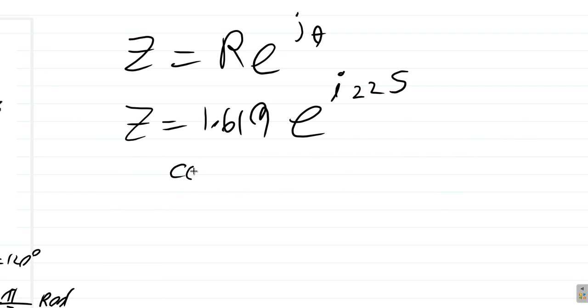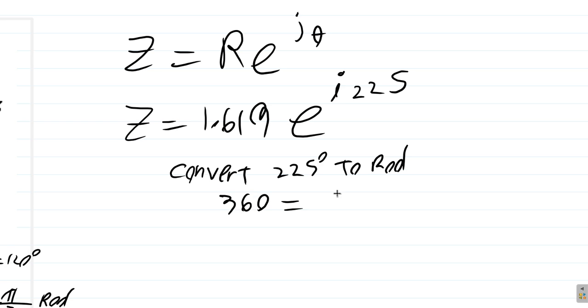Alright, so we convert 225 degrees to radians. Now remember, 360 degrees is one complete revolution, one circle. The way you calculate the circumference of a circle is 2 pi r, 2 pi times the radius.